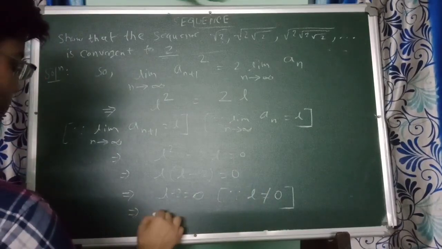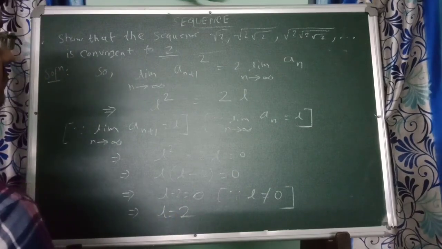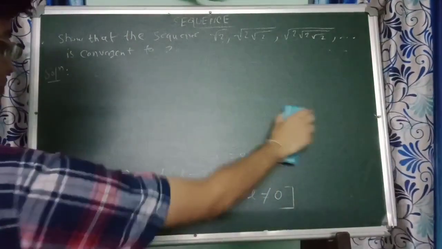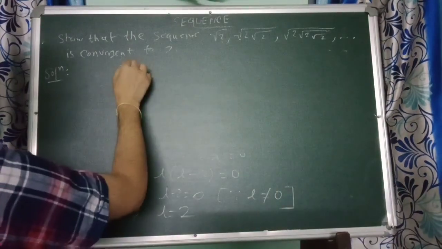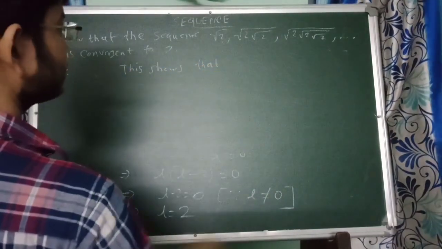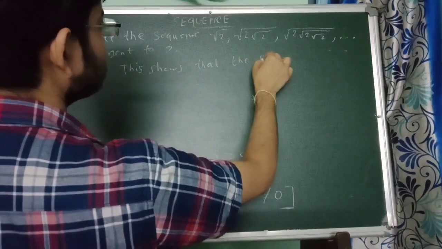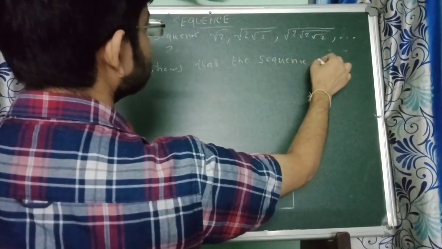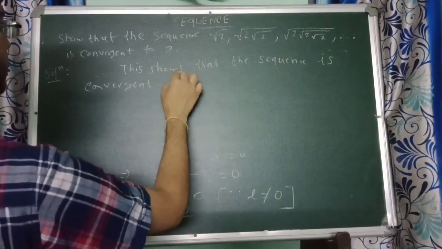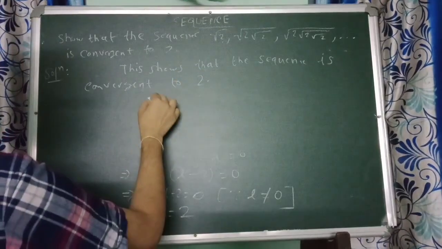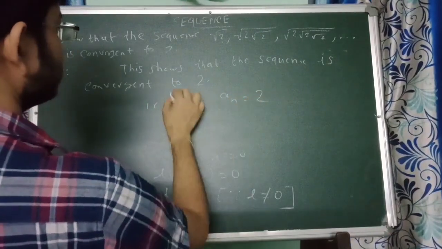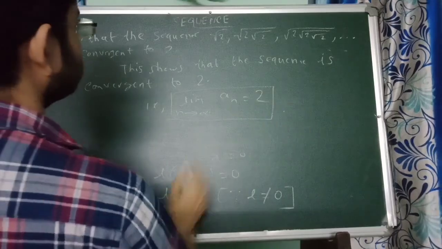So l minus 2 equals to 0, and solving we have l equals to 2. This shows that the sequence is convergent to l, that is limit n tending to infinity a_n equals 2, and our proof is complete.